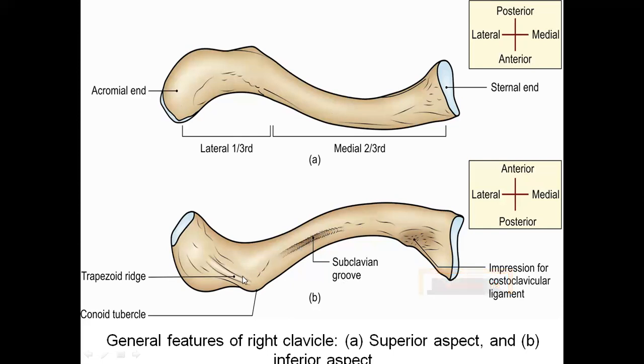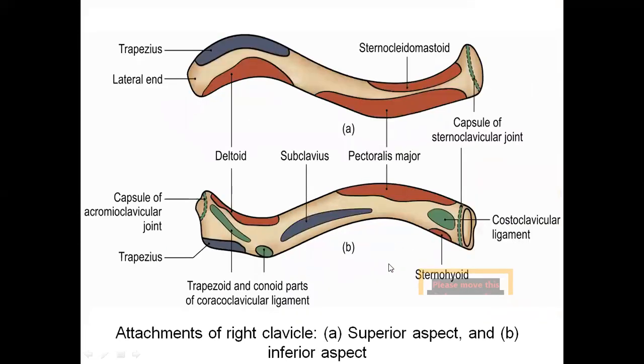On the lateral 1/3, on its inferior aspect, you will find a ridge called the trapezoid ridge, and adjacent to that you will find the conoid tubercle. As we proceed with the following slides, you will know the importance of all these structures: the trapezoid ridge, conoid tubercle, subclavian groove, and the impression which connects the first rib with the clavicle, the costoclavicular ligament.